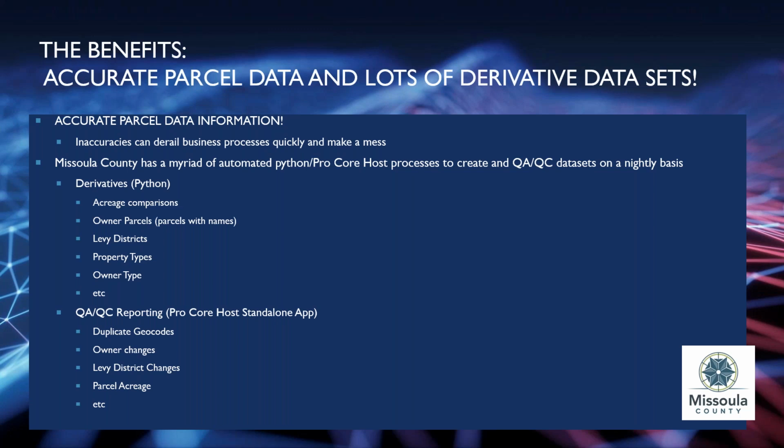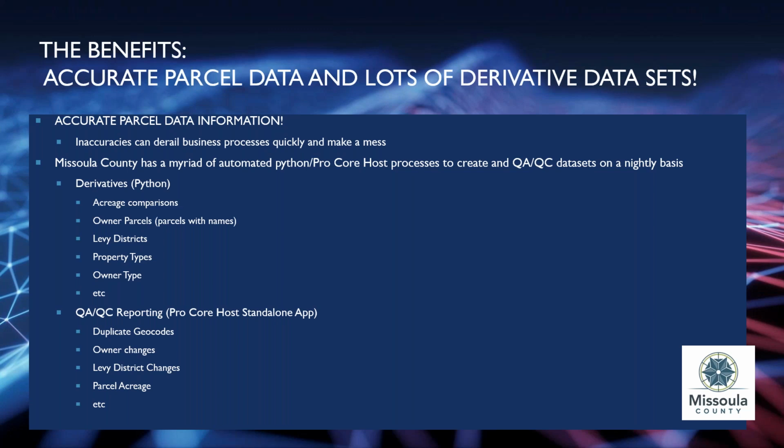So, if we have an incorrect geocode on a parcel, somebody starts the permitting process and they link to that geocode, which then pulls the legal description down with it and attaches it to the permit. If that legal description is wrong or any other information is wrong, you have to reset it and restart it and go back and fix it. So it's critical that it's correct on the get-go.